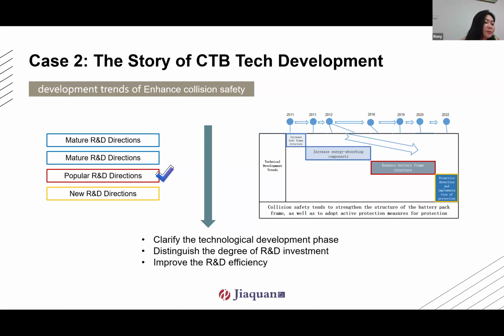This can provide them with certain information and references for their subsequent R&D investments. Meanwhile, the client can also understand how other competitors conduct R&D and, to a certain extent, improve their R&D efficiency by reading patents.